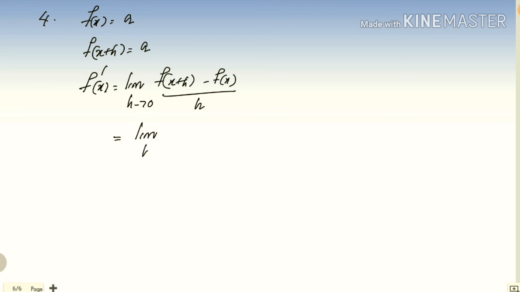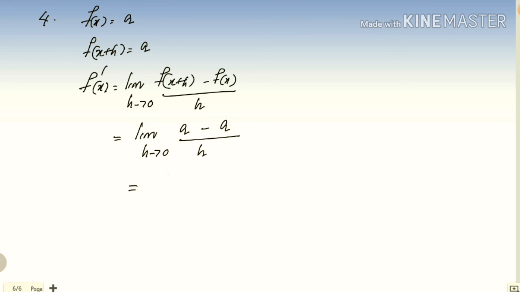Now you can use the formula f dash x equals the limit as h tends to 0 of f of x plus h minus f of x divided by h. Now I am going to substitute f of x plus h and f of x. That is the limit as h tends to 0 of a minus a divided by h.